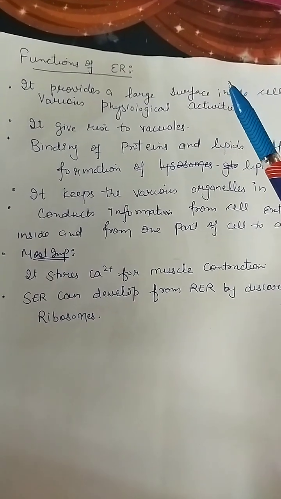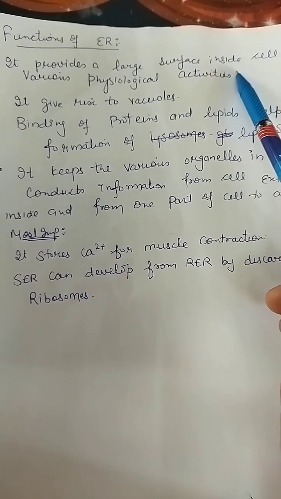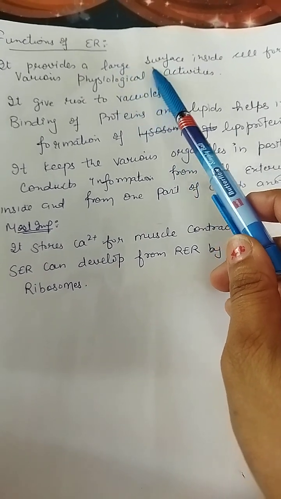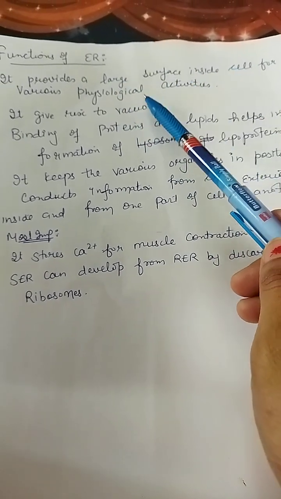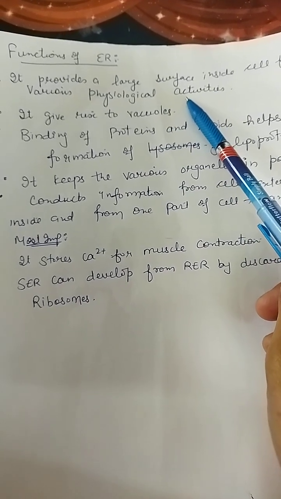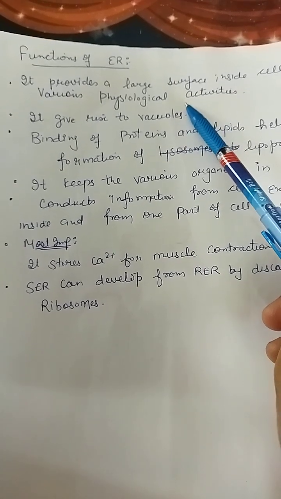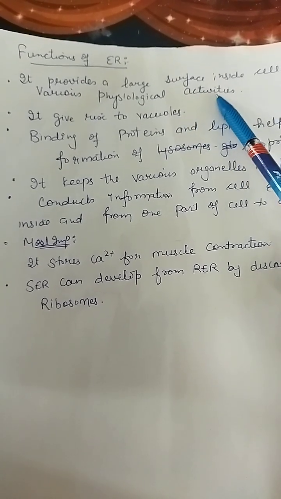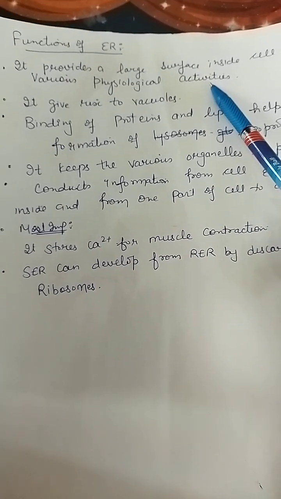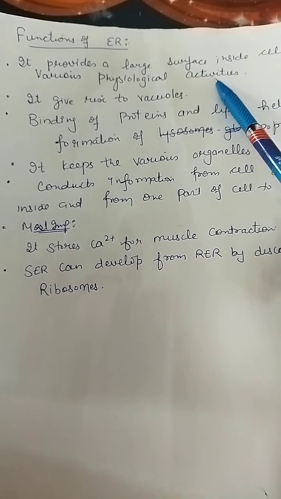In the last, we will discuss the functions of ER. What are the main important functions of the ER? First function is that it provides a large surface inside the cell for various physiological activities. It means inside the ER there is a great luminal area in which the body's various physiological activities can take place, like storage, secretion, or detoxifying toxins and poisonous substances from the body.